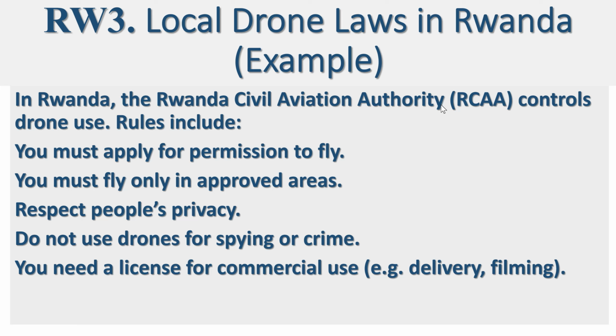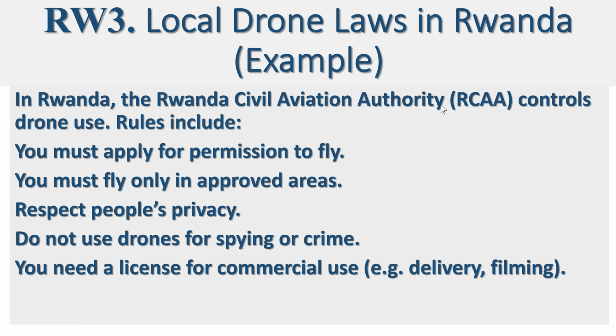Local drone laws in Rwanda. For example, in Rwanda, the Rwanda Civil Aviation Authority, RCAA, controls drone use. Rules include: firstly, you must apply for permission to fly. Secondly, you must fly only in the approved area.